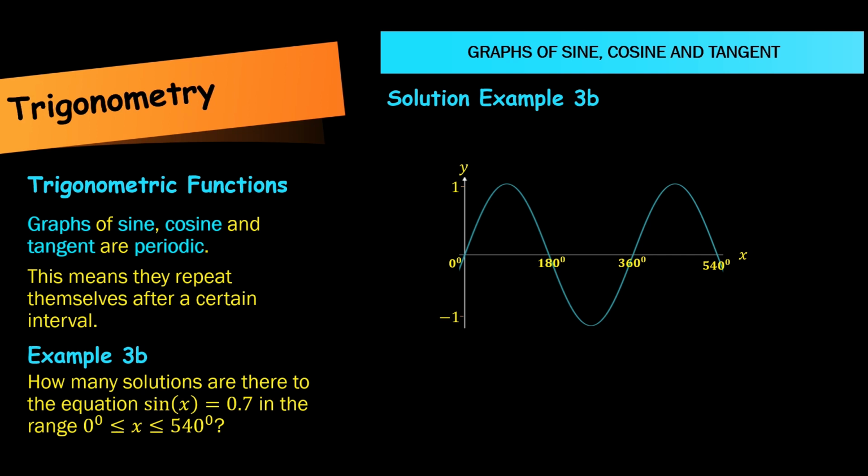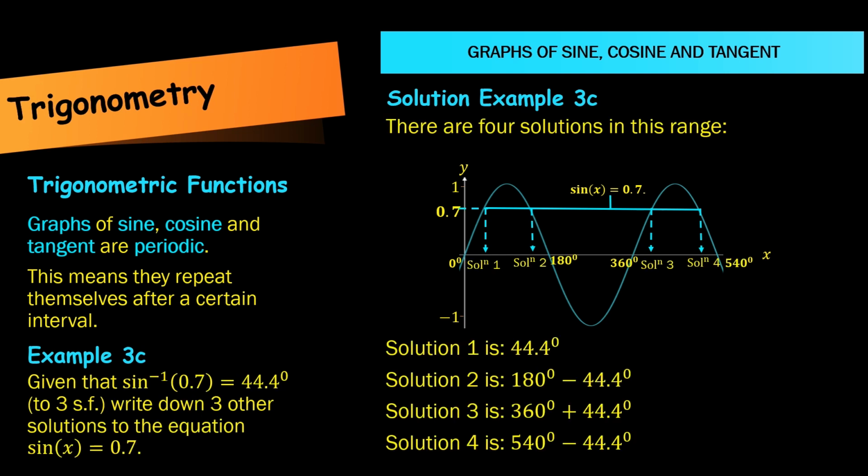Let's find 0.7 on the y-axis. This appears somewhere here. Now, at this point, there is one solution, as indicated. However, if we extend this line, we can see that there are actually 4 solutions in this range.